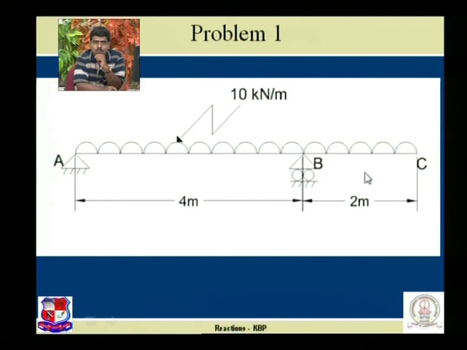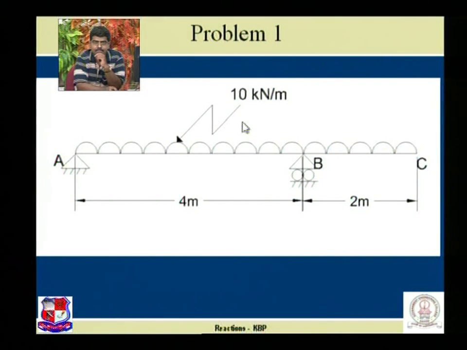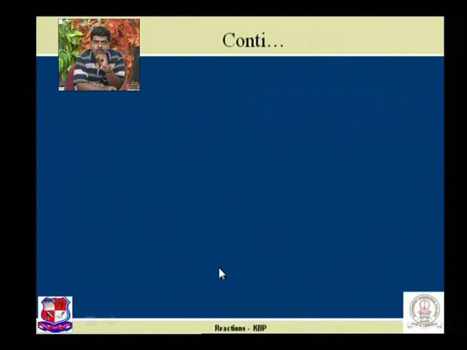Hence this beam is known as the overhanging beam with UDL throughout. UDL, uniformly distributed load of 10 kN throughout acting on the beam. Our aim is to find out the support reactions at A as well as at B. How to find out? Let us draw the free body diagram.